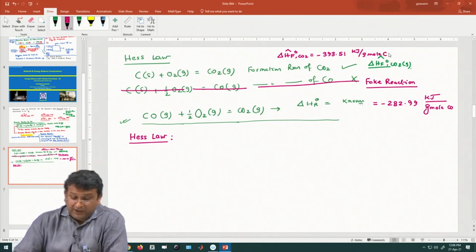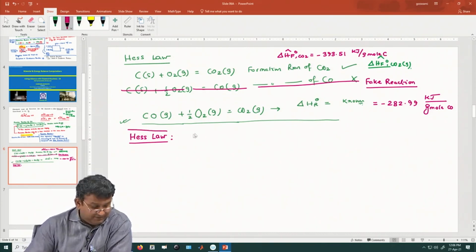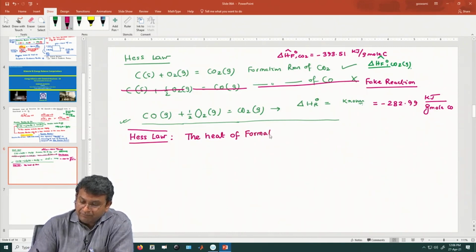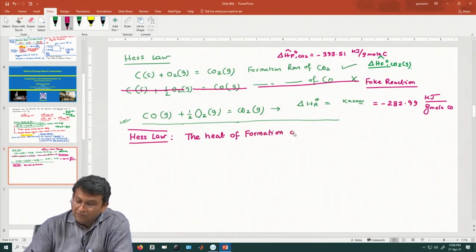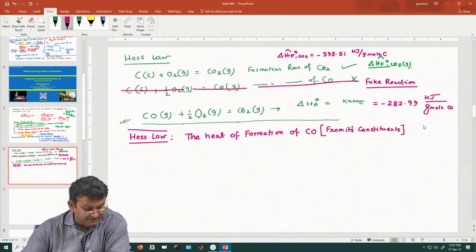Okay. So, now according to the Hess law, which is a very important formalism, I am writing it down for the benefit of all, the heat of formation of carbon monoxide, and the moment we say heat of formation of carbon monoxide, it means that from its constituents in their standard state, etc., etc.